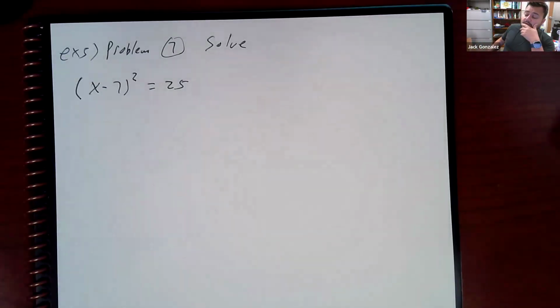Notice how there's a square on this guy? So this one will be very similar, but there'll be an extra step.